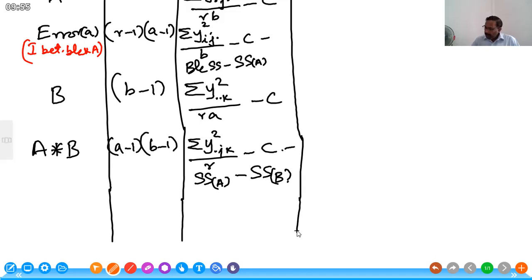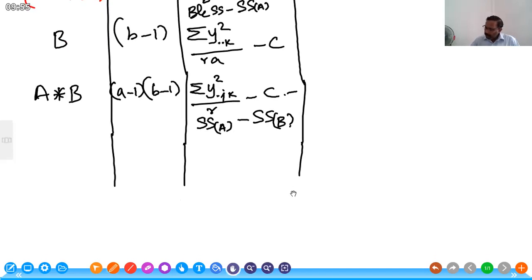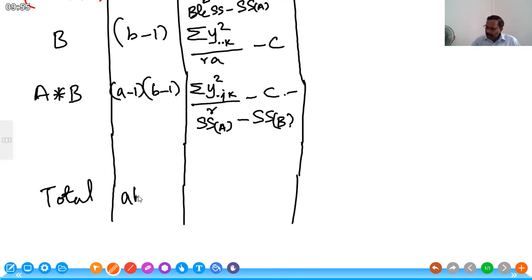Then the last one, the total, then we can calculate the error. Total degrees of freedom is ABR minus 1. Correct?